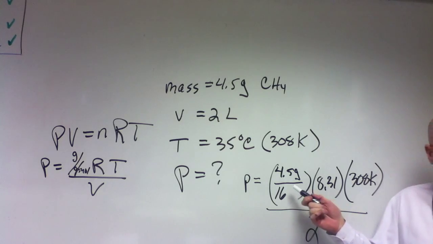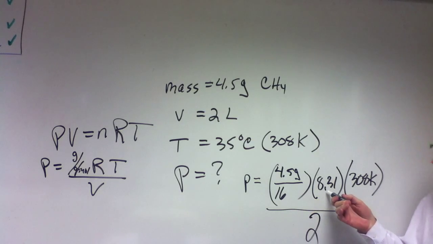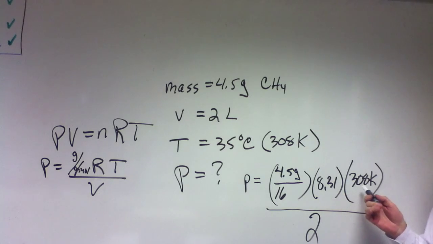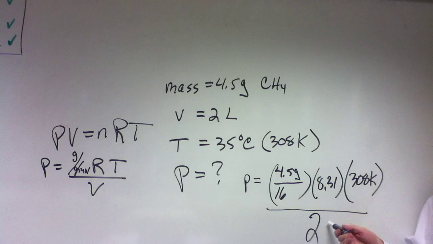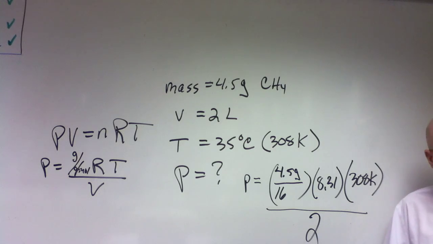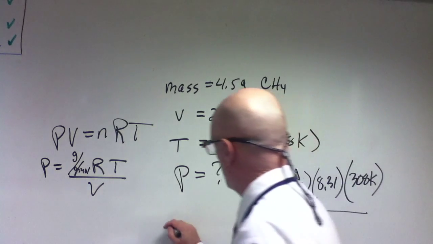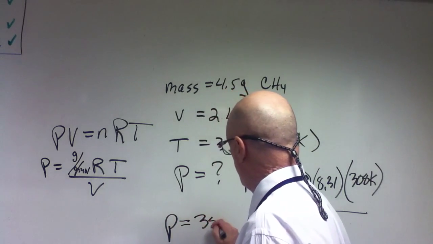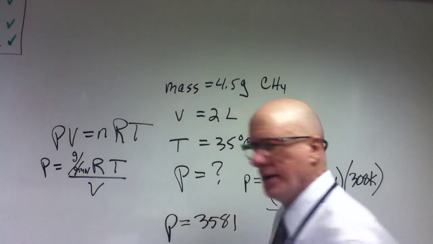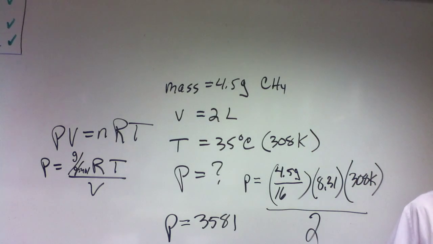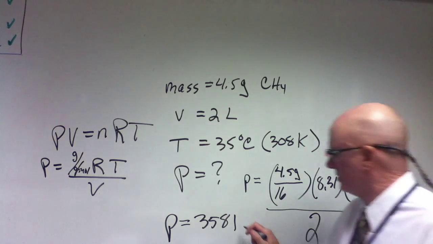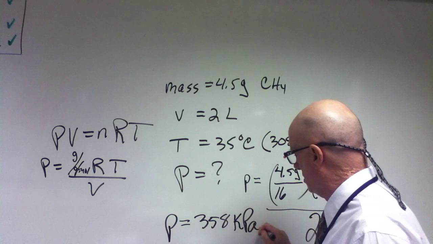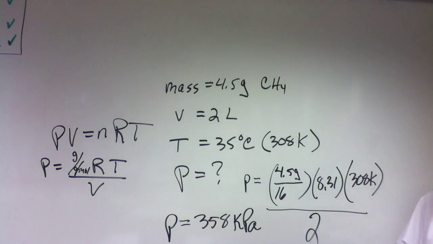All right, so 0.28 times 8.31, that's R, times 308 divided by 2. That is 358.3. So the pressure equals 358, what? Kilopascals.